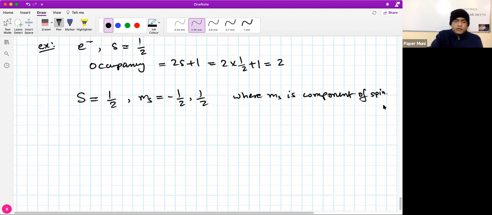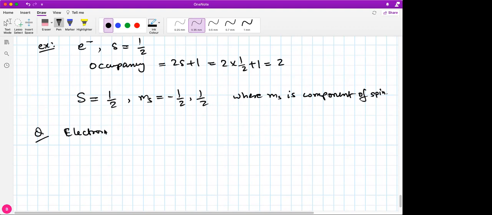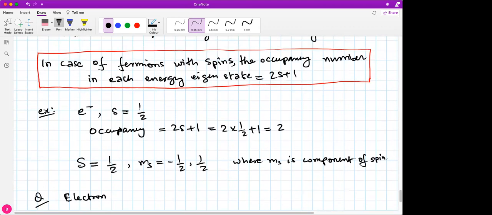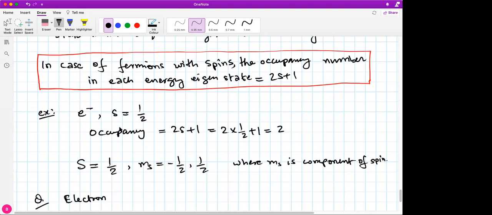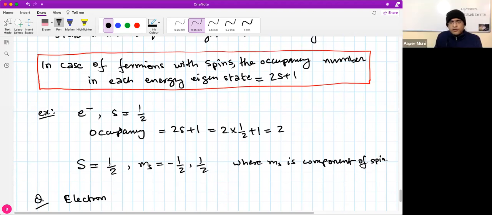Now let's talk about a question. This is an example problem. Sir, please once again repeat this. You said that we got occupancy for an electron as 2, and what was its significance, that only 2 electrons can be in a given state?